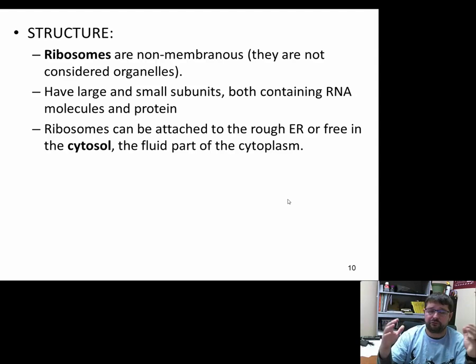Because they do not have an encompassing membrane, they are not organelles. Okay, so they're not considered an organelle. Now they might have functions like organelles, and in this case they do, because they are the site of protein synthesis.